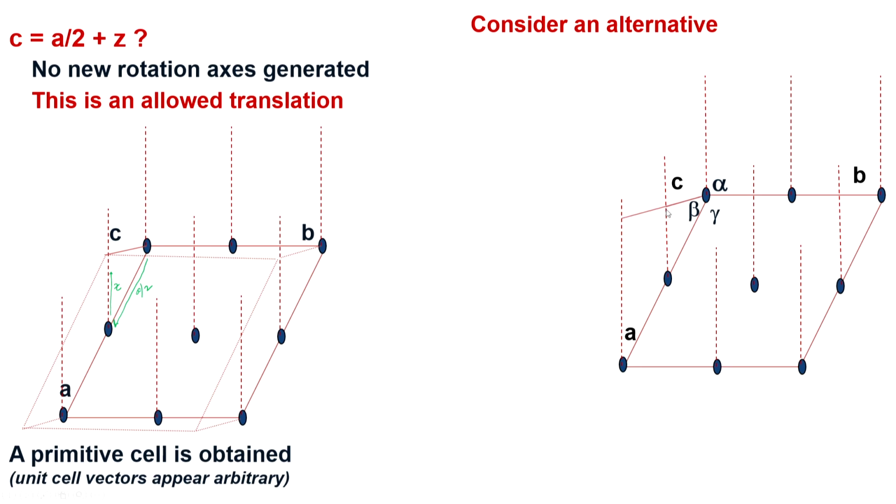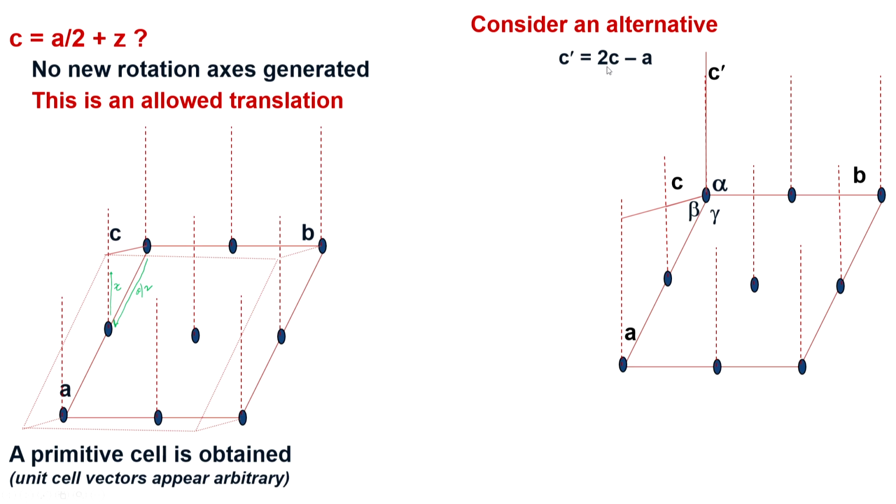So, we went to this point and then we came up to here, but now what I can do is I can define a new C vector, which would be essentially you go 2C and then you go back minus A. So, to get a C prime vector which is now perpendicular to the AB plane and it is along the two-fold axis.